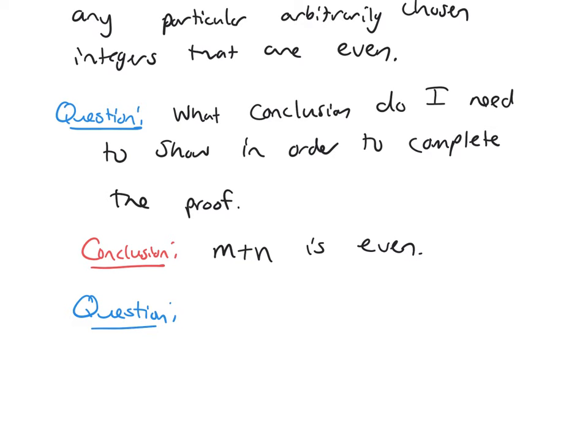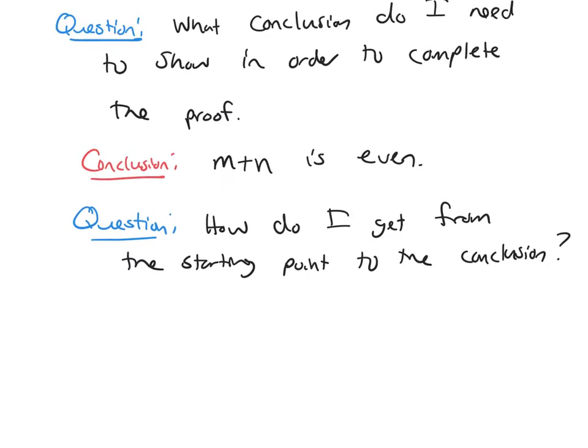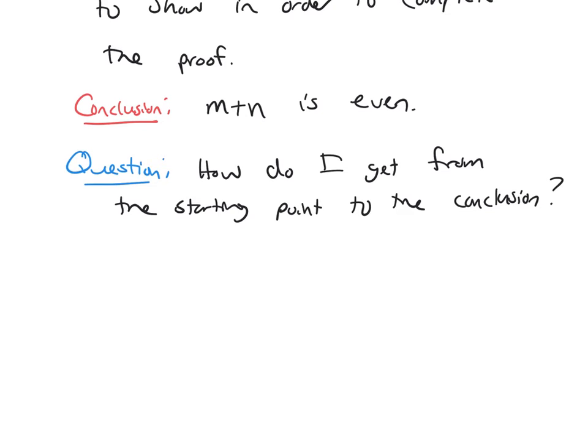So how do I get from the starting point to the conclusion? And so the answer is you're going to have to do some kind of scratch work to connect the dots. So I'll call this my scratch work.